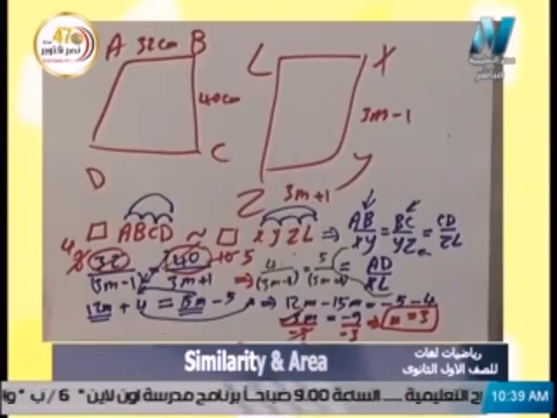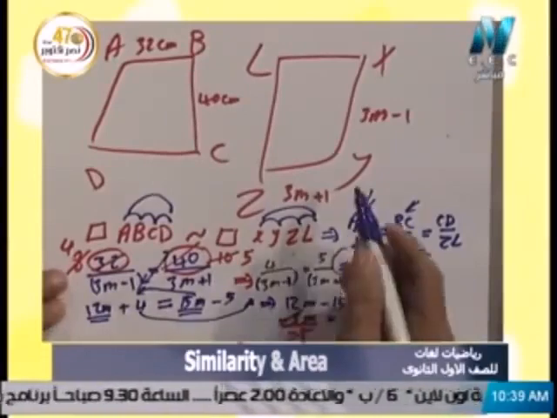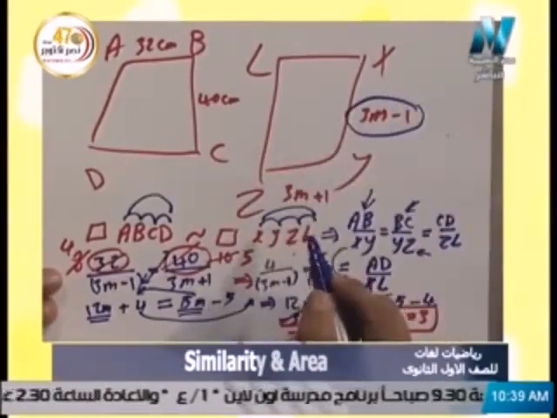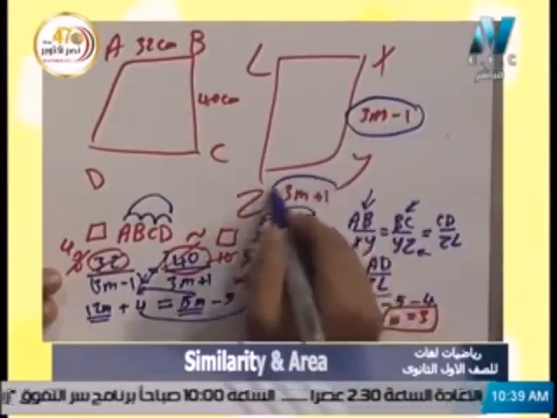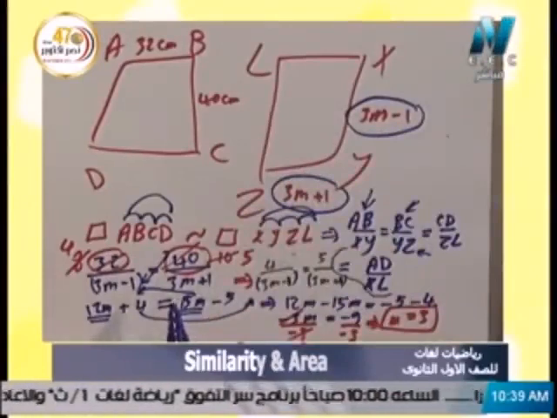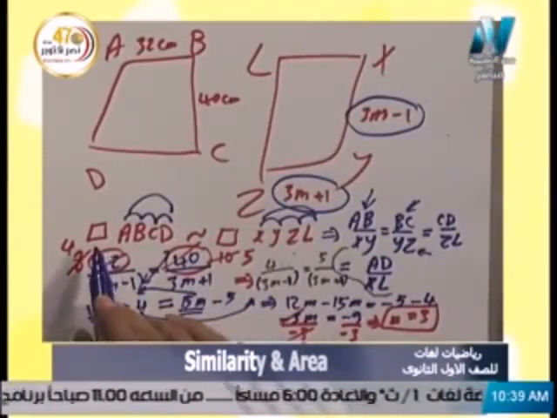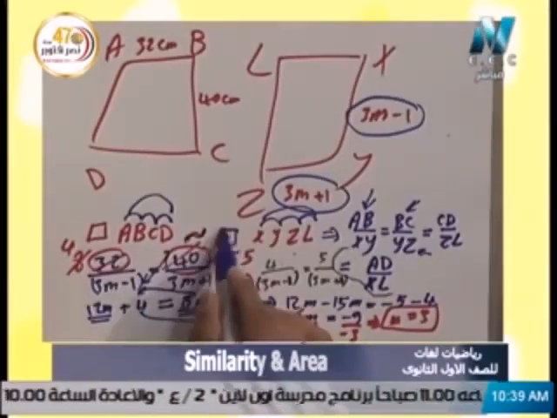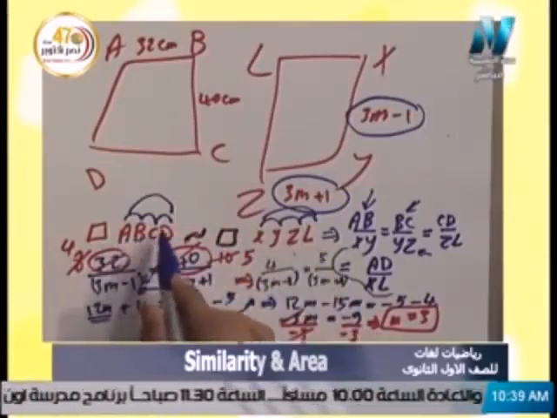I think the problem for Salma was when she saw XY in a symbolic form, which is 3m minus 1, and YZ is 3m plus 1, and we solved it by saying quad ABCD is similar to quad XYZL, and we applied the similarity ratio.